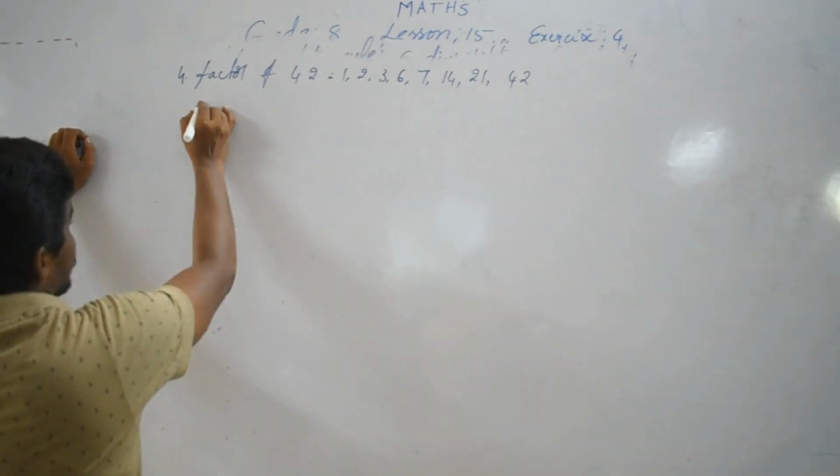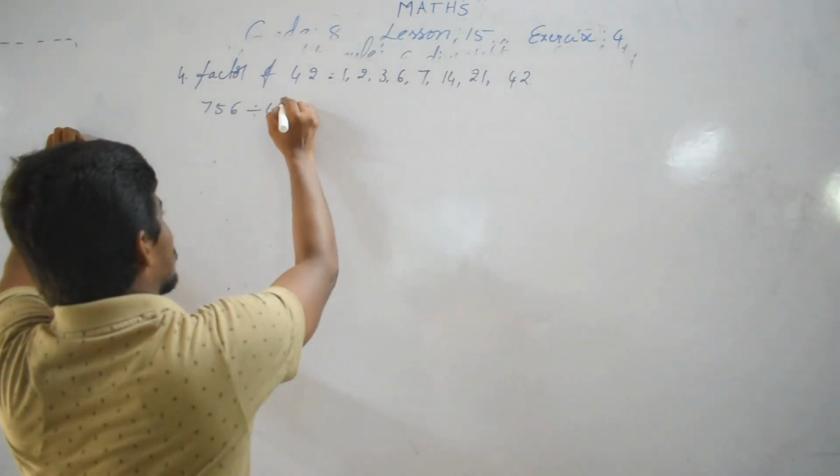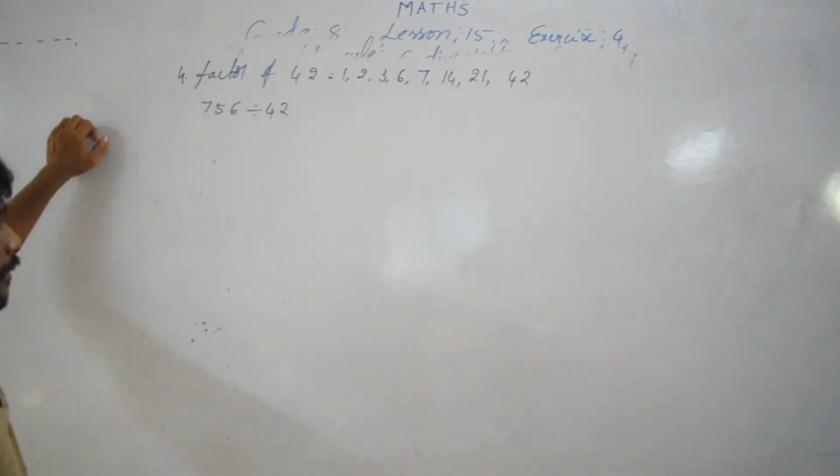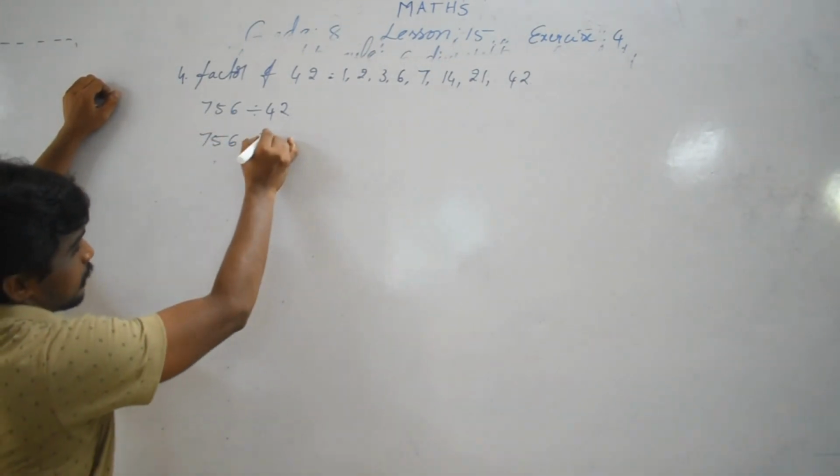So 756 divided by 42. So here, 756 divided by 7, you check.